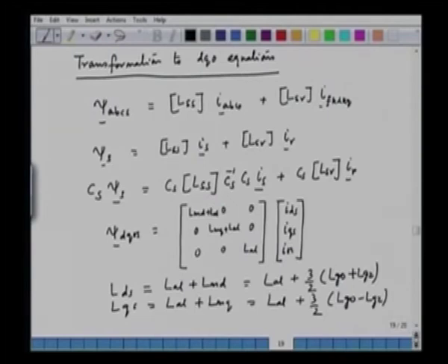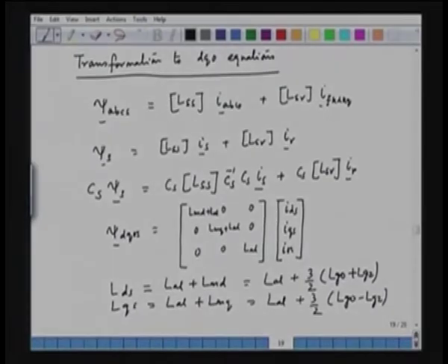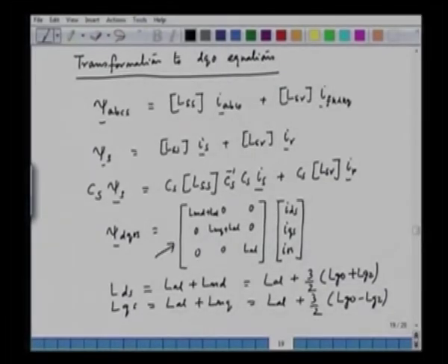So, we can call this inductance matrix the LDQO matrix, and this LDQO matrix is fortunately a constant matrix, unlike the matrix LSS, which is a function of theta r. After pre multiplying with CS and post multiplying with CS inverse, there is a lot of simplification involved, and the matrix that we obtain here is LDQOS.